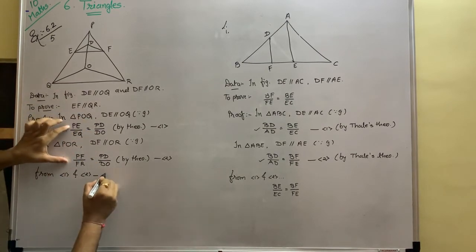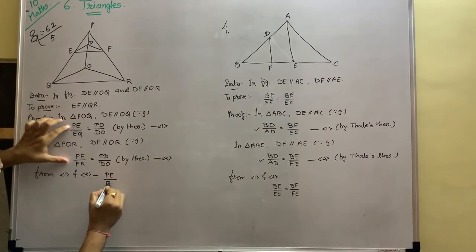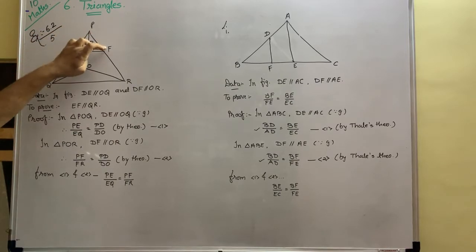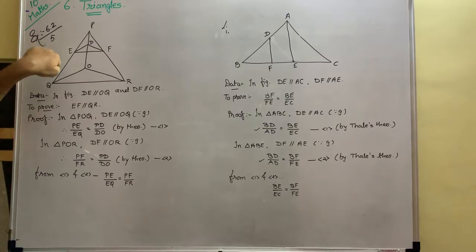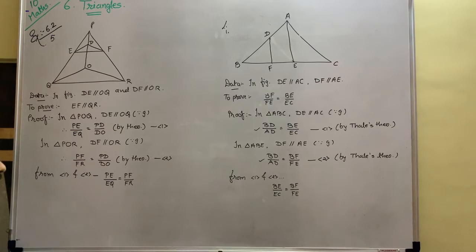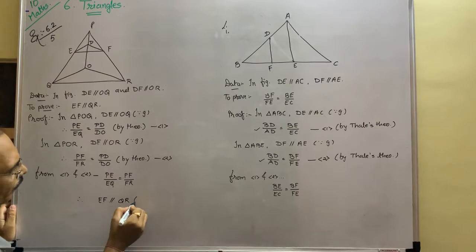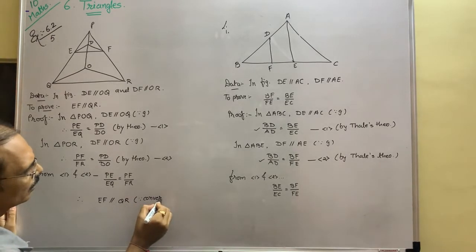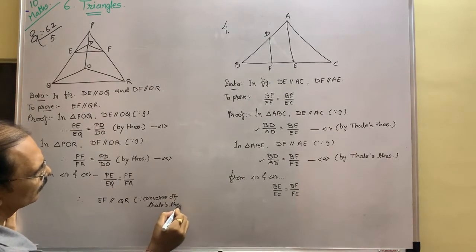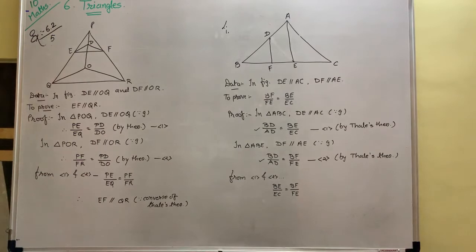So you can compare: PE upon EQ equals PF upon FR. Sides are in the same proportion in triangle PQR. So EF is parallel to QR according to the converse of Thales theorem. Therefore, EF is parallel to QR. Reason: converse of Thales theorem. And hence we prove this.